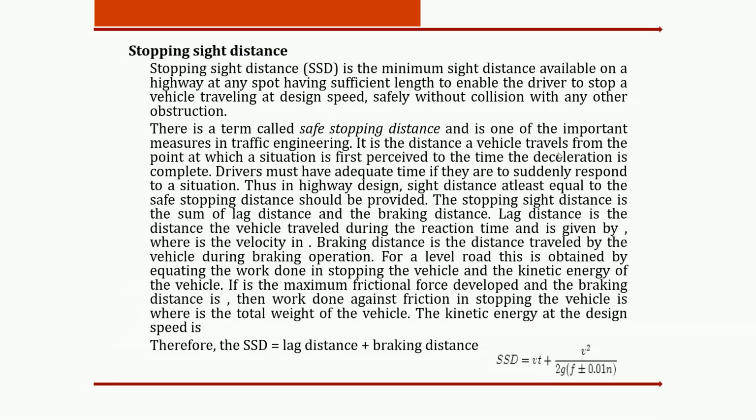Stopping sight distance SSD is the minimum sight distance available on a highway at any spot having sufficient lane to enable the driver to stop a vehicle traveling at a desired speed safely without collision with any other obstruction. The stopping sight distance is also called the safe stopping distance, and it is one of the important measures in traffic engineering.